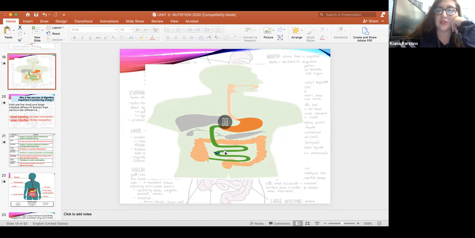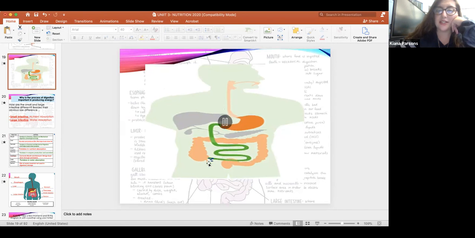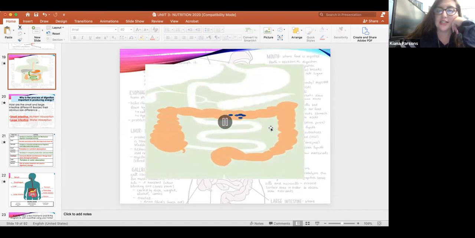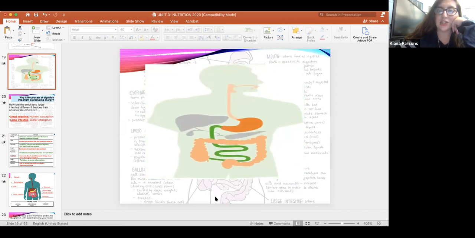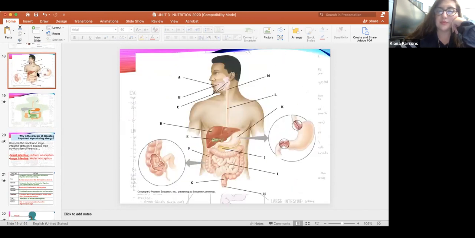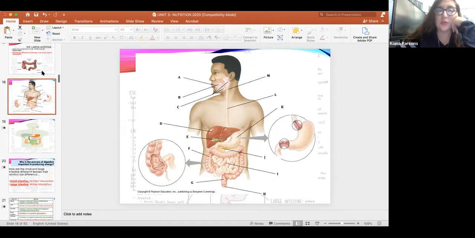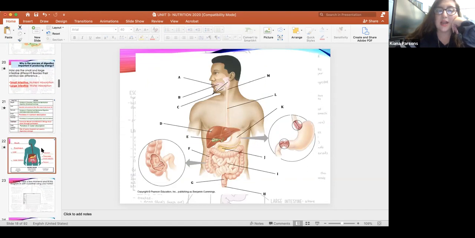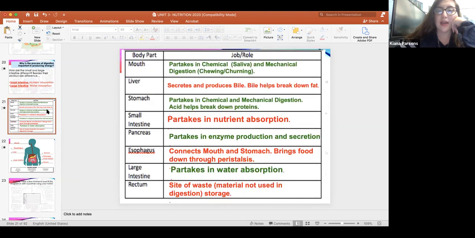We can see, travel through the small intestines, through the large intestines, and all the way out to elimination. And on your day 1 and 2 notes, we go more in depth, but let's talk about the different parts of the digestive system.